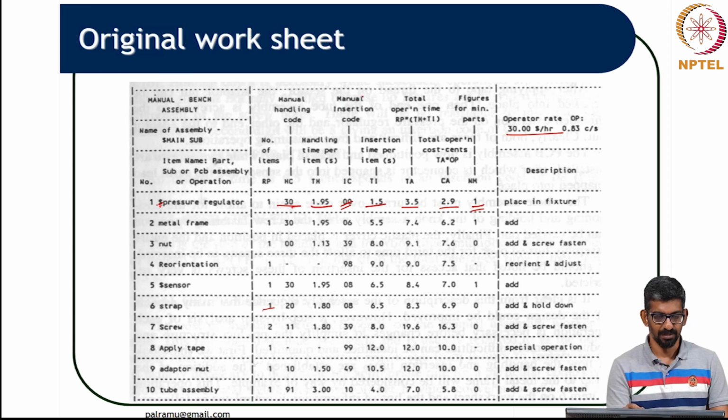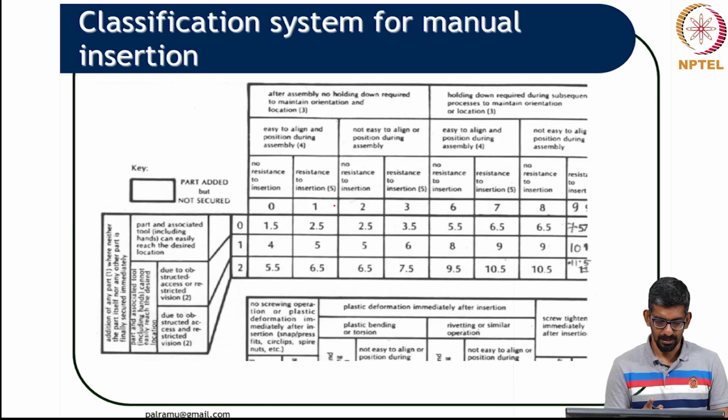We look at the manual insertion code. For the first part, the pressure regulator itself, we will revisit this. It says the part is added but not secured. There is an explanation to this: addition of any part where neither the part itself nor any other part is finally secured immediately, because you are currently taking only one part right now.